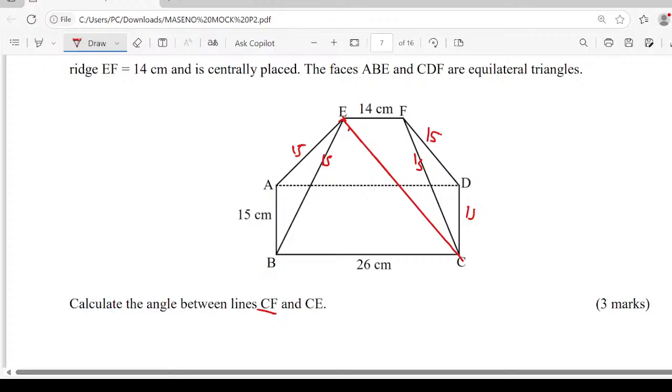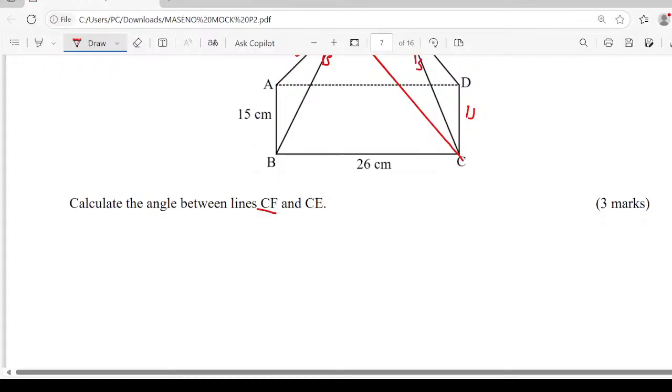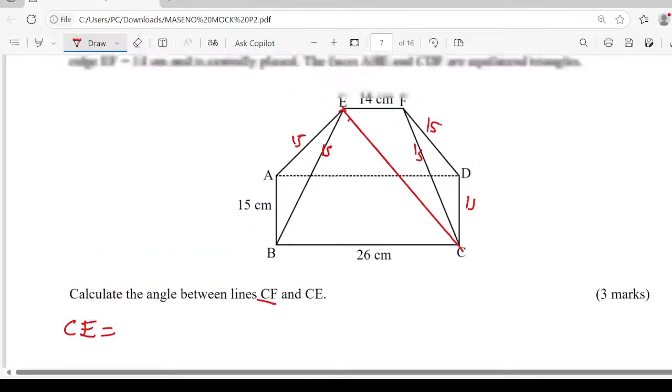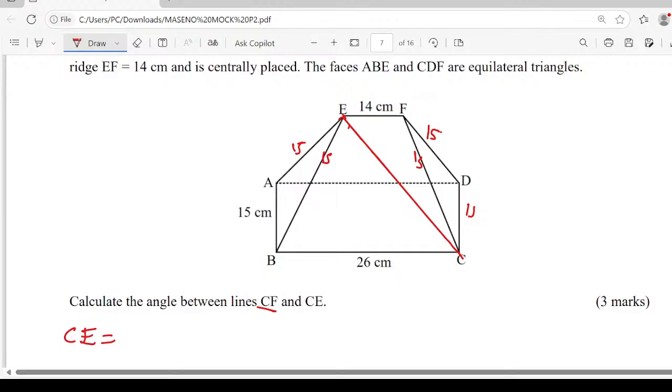So first, let's get CE. I need to get that line CE. If you look at this question, I'm just getting the breakdown of the question.